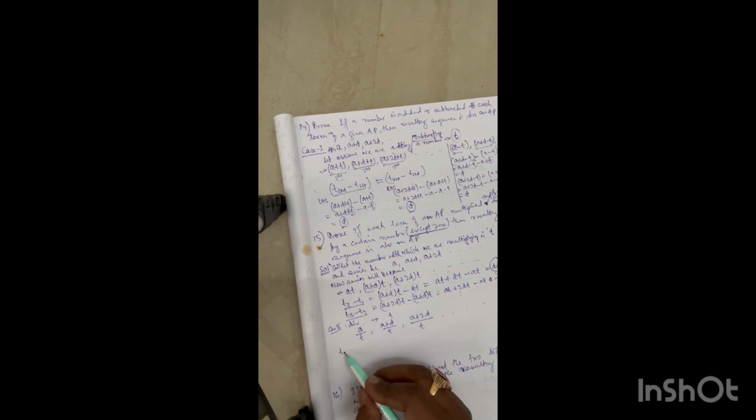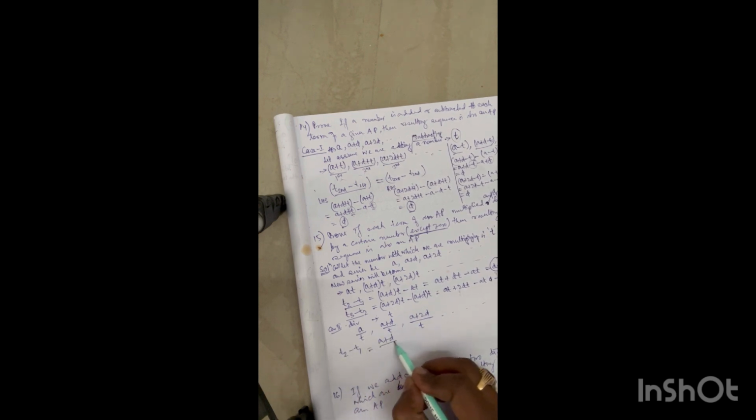Again doing t2 minus t1, I will get (a plus d) by t minus a by t. You can see t is the LCM between these two fractions. So (a plus d minus a) will be the result, and you will definitely get d by t.